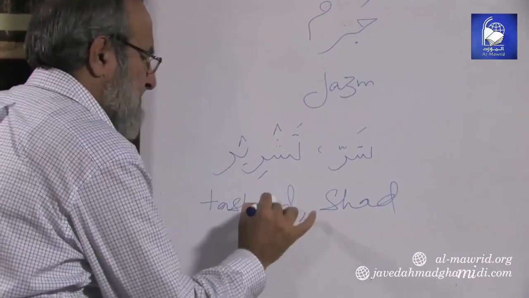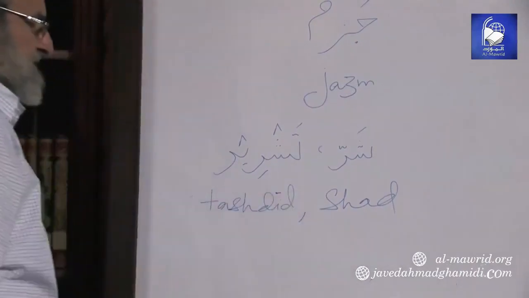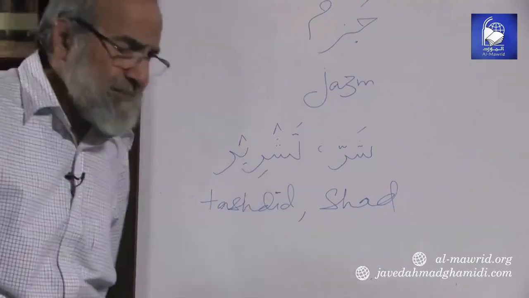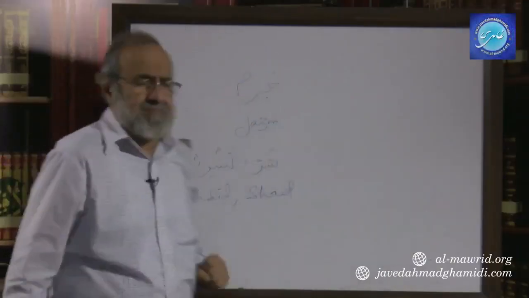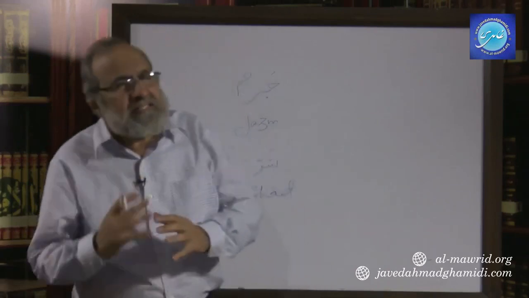Now, when I write i here, I am using this system, tashdeed. Now, the idea is that when you are using jazm, you are as if coming up with a fourth vowel. In actual fact, it's not a vowel. It's something that stops. It's something that tends to put a break.